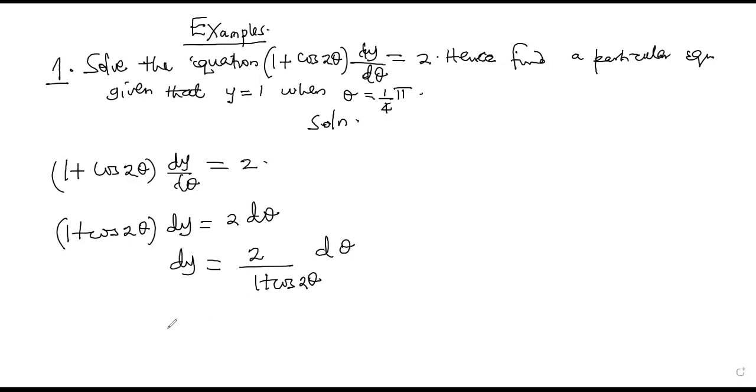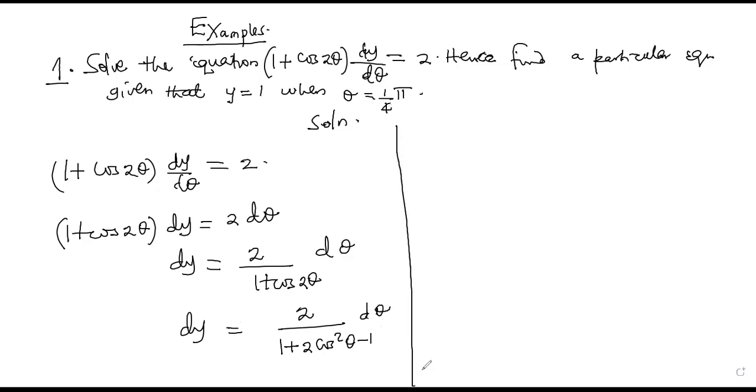So still one can say dy is equal to 2 over 1 plus cos 2 theta. One can establish cos 2 theta as 2 cos squared theta minus 1 for easy integration, then d theta.